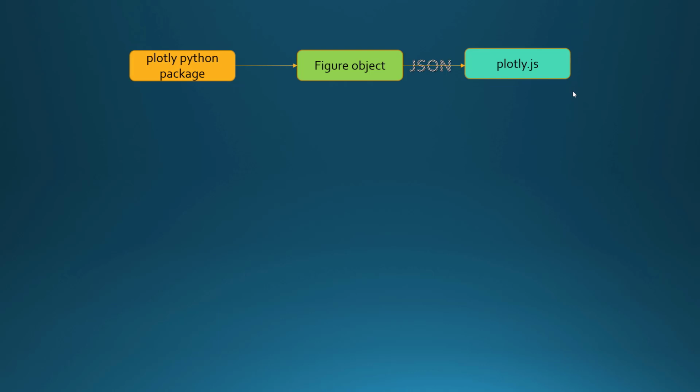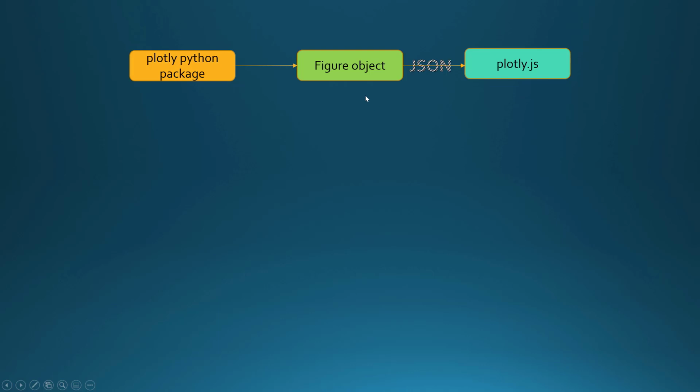So it will be very rare that you work with any kind of JS program in your Plotly Dash applications. You will mainly be concerned with the Python program, okay? And behind the scenes it will be automatically handled by Plotly.